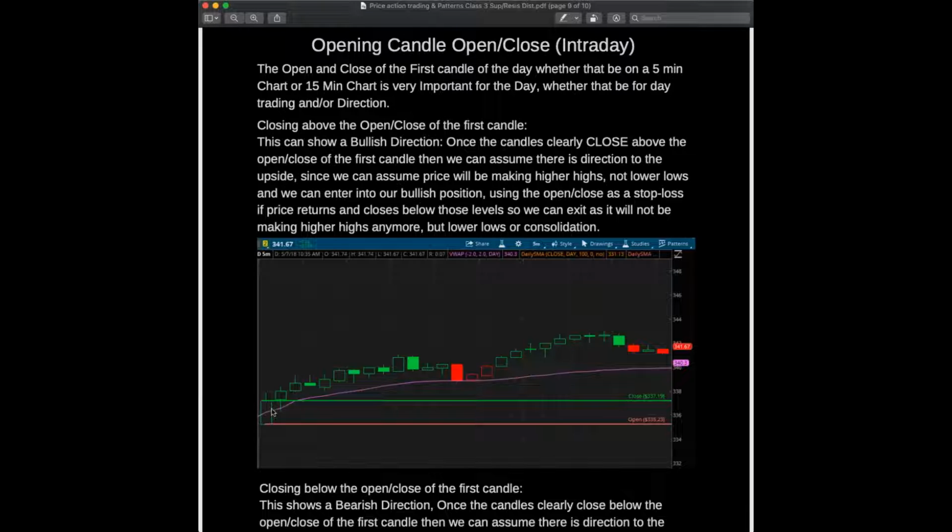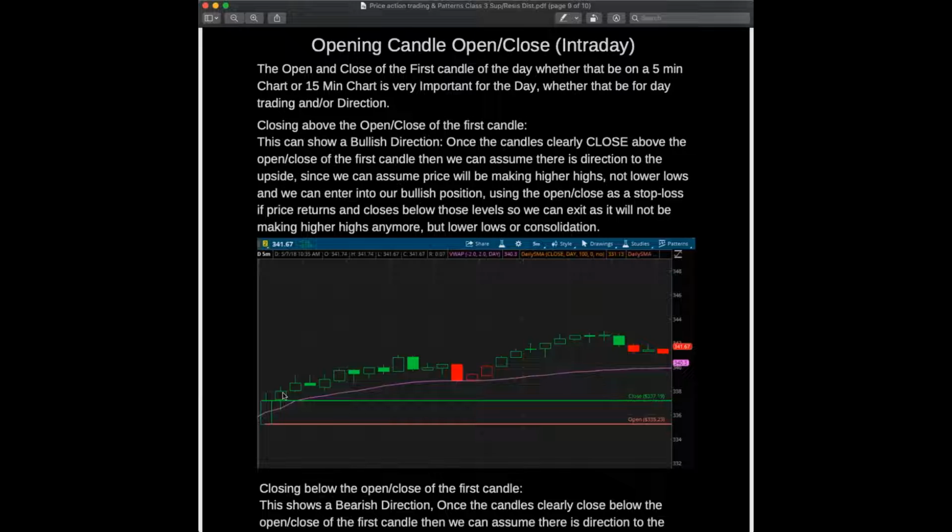So here's the first candle. It opened at 335.23. It closed at 337.19. The second candle held the close of the first candle and closed above. Okay, so that tells you the direction is currently up as we're making higher highs and we held the close of the first candle.